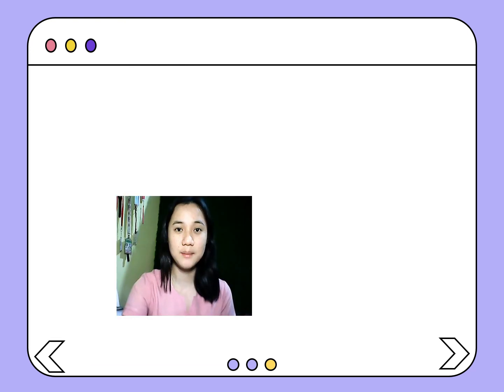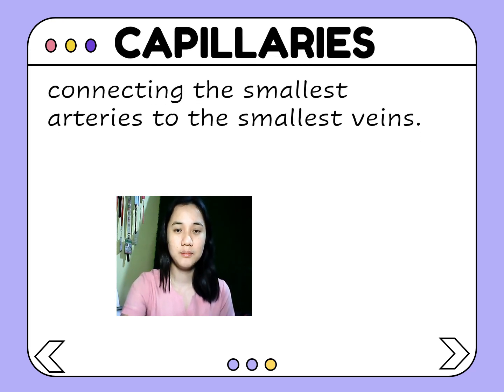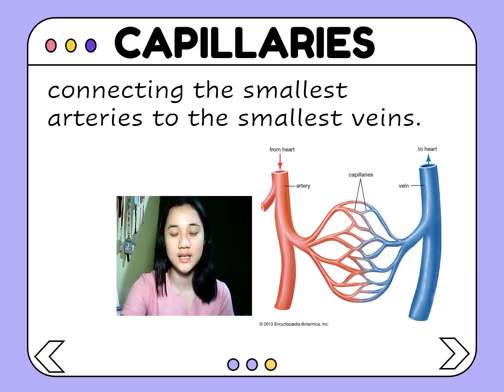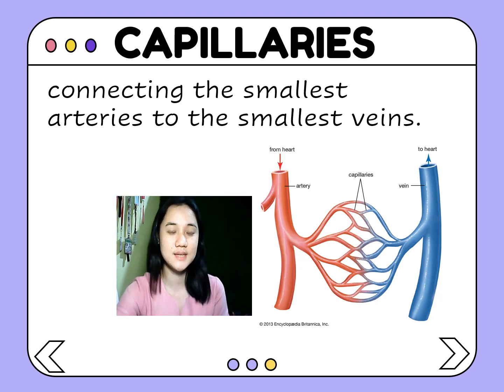And lastly, the capillaries. Capillaries are the connecting blood vessel, and they are the smallest. They connect the smallest arteries to the smallest veins. That is its function: it is the connector. Among the three types of blood vessel, it is the smallest and thinnest, and it connects the bigger blood vessels.